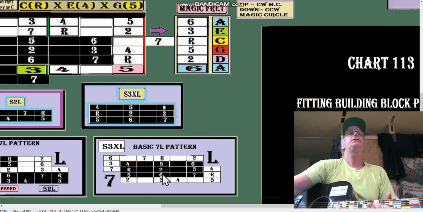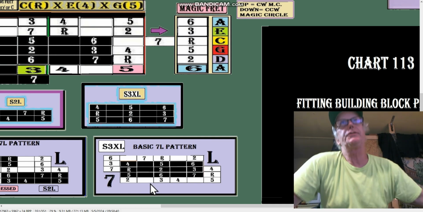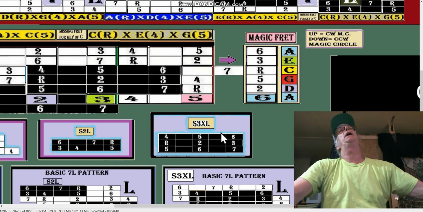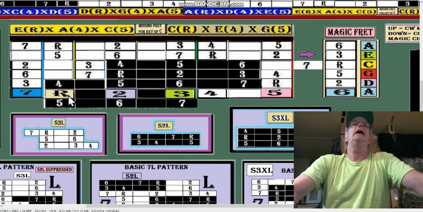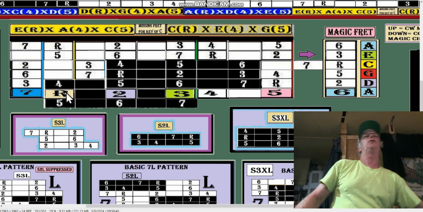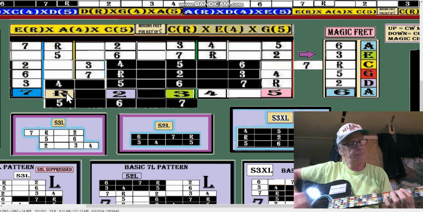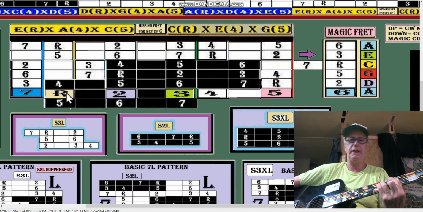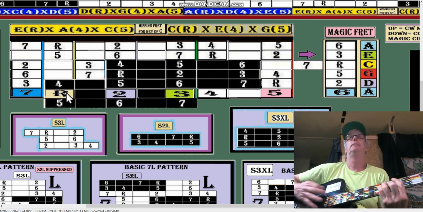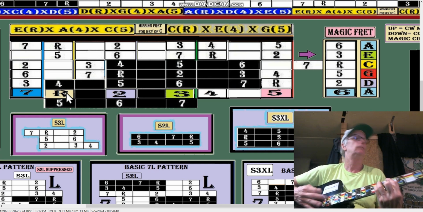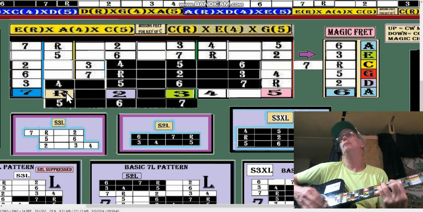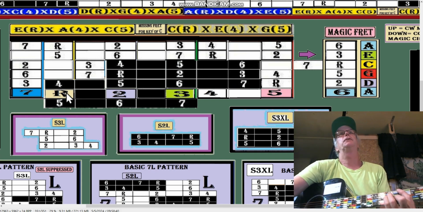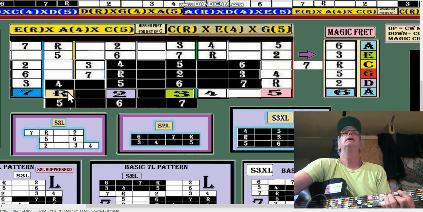Okay, what is the use of this S3XL pattern? It is over here where you have a root here, and let's call that root the E. Root E. Okay, so that's our E chord here.